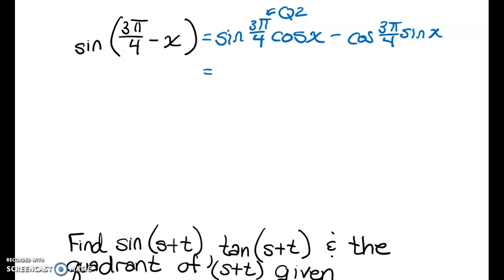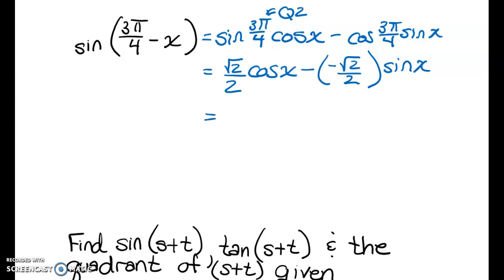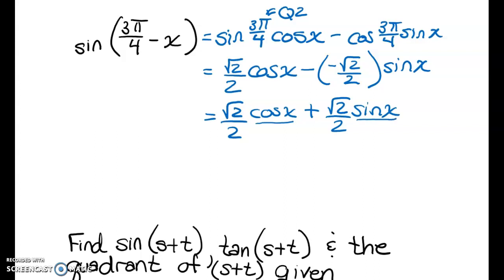I know the sine of 45 degrees is radical 2 over 2, so radical 2 over 2 cosine of x minus, cosine is going to be negative in Q2, so a negative radical 2 over 2 sine of x. When I fix my double negative, I get radical 2 over 2 cosine of x plus radical 2 over 2 sine of x. And again, this is a single function in terms of x, so I'm good there.